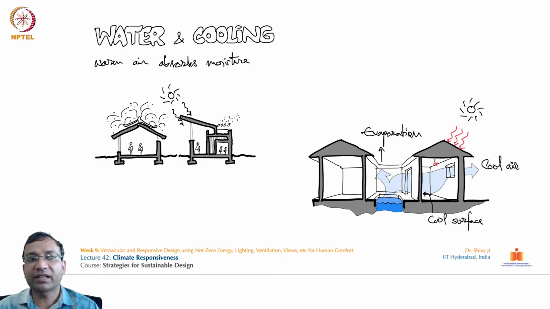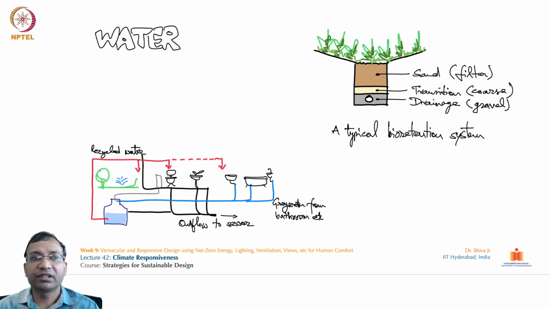So these techniques are utilized in a number of places in the world, like how they have achieved maximized efficiency just by using the natural means of it. So this is where this climate responsiveness and this philosophy, this strategy comes to the rescue. Even water, so how water columns, water walls, and such other things can be utilized.